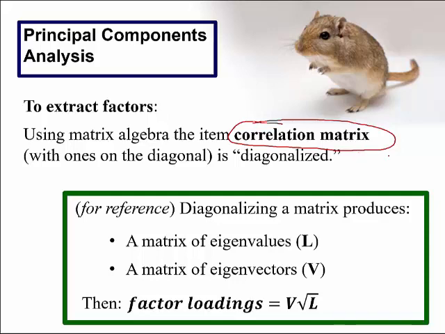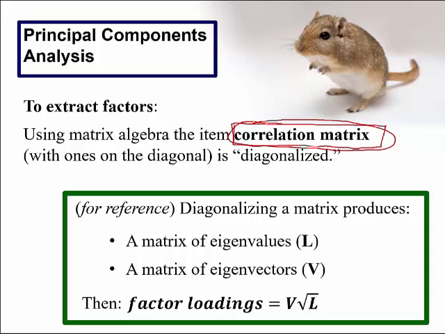If you were going to do hand calculations, you wouldn't need to start off with your entire data set. You just calculate a correlation matrix of the correlations between all the items. So if I had a 6-item questionnaire, it would be a 6x6 correlation matrix. And so I get that correlation matrix showing the correlations between all the items on my assessment instrument.